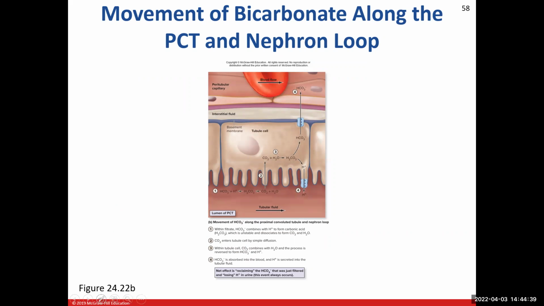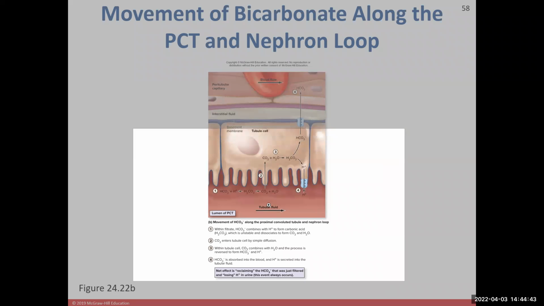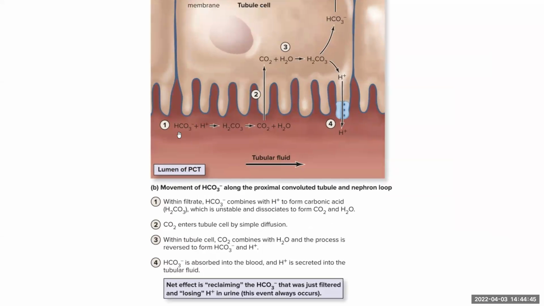All right, so let's zoom in here down at the bottom. First step, here's our bicarbonate. It was just filtered out of the blood, and now it's in the tubular fluid, out here in the lumen. So what will happen is the bicarbonate is going to combine.